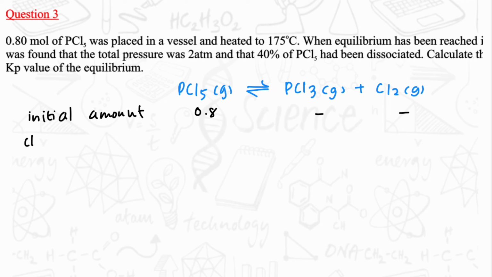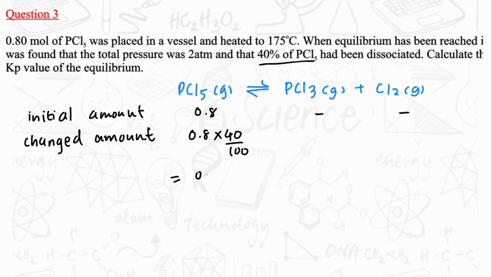And then the changed amount, they say that 40% of PCl5 was dissociated. So 0.8 into 40%, we get 0.32 moles, and the ratio between PCl5 and PCl3 is 1:1, and also between PCl5 and Cl2 gas, it is also 1:1.